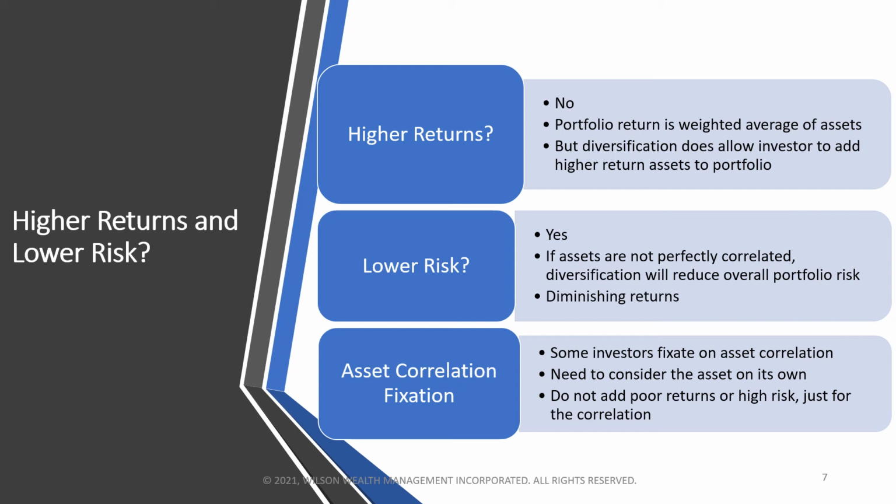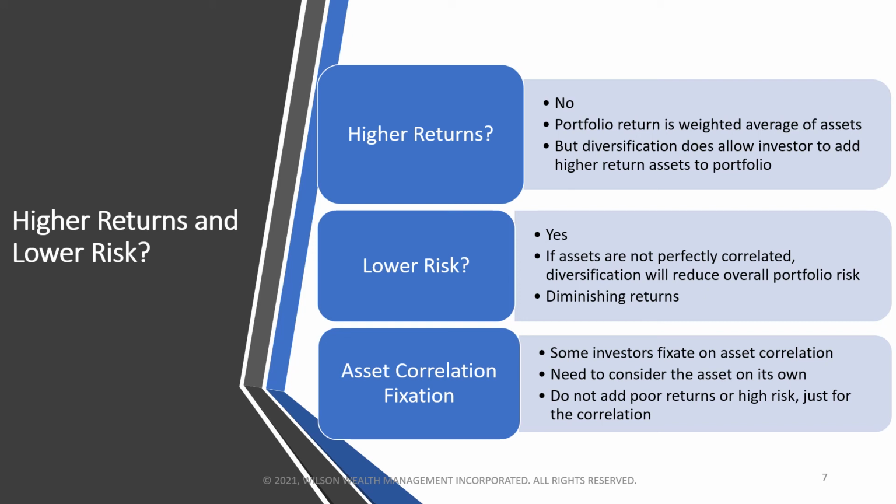So yes, higher returns, but it's not the diversification that gives you the higher return, because asset correlations don't impact portfolio return calculations. It just allows you to take on higher risk assets which have higher returns. As for the lower risk, yes, we saw that. If assets are not perfectly correlated, adding them to the portfolio will reduce overall portfolio risk.